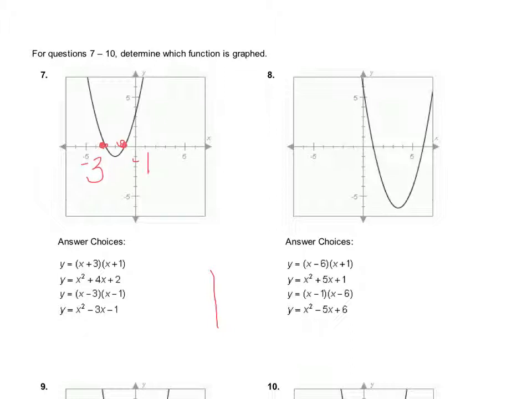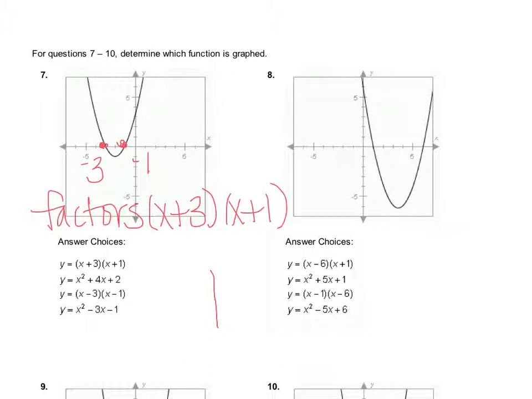So if our roots are negative 3 and negative 1, then our factors are going to be x plus 3 and x plus 1. It is the opposite sign. I'm going to go ahead and do number 8 with you as well.